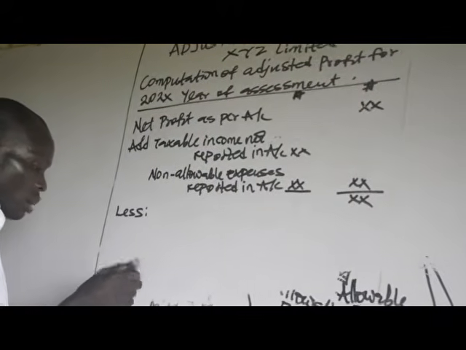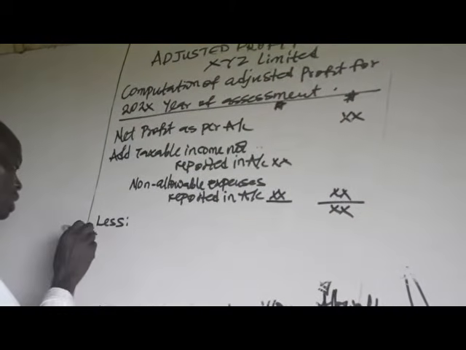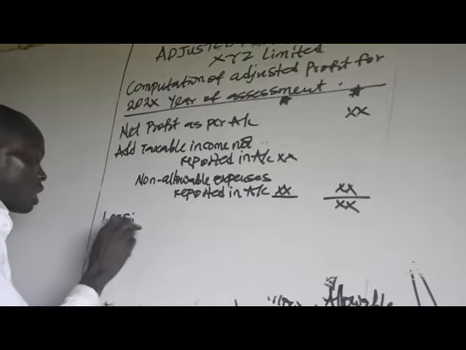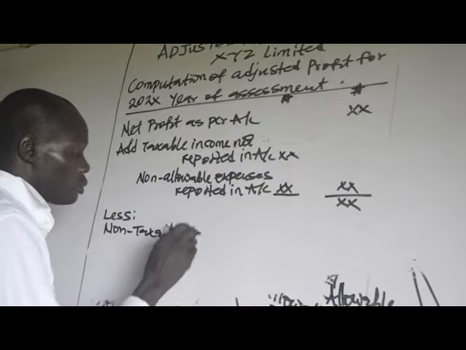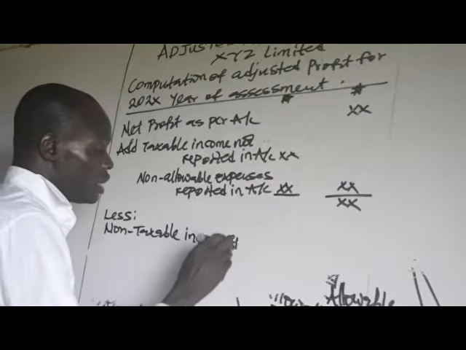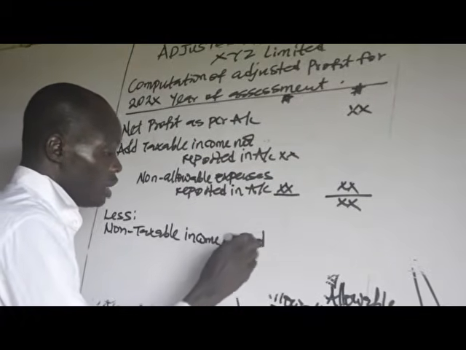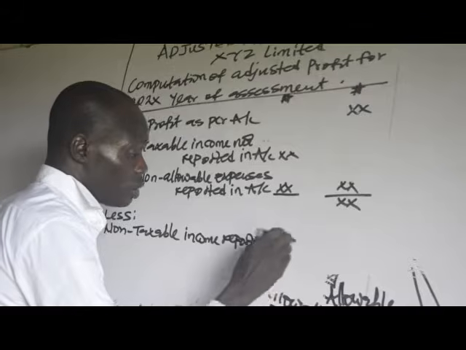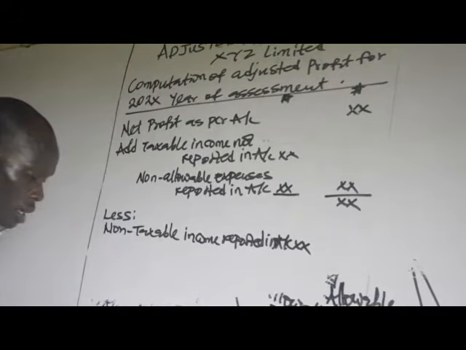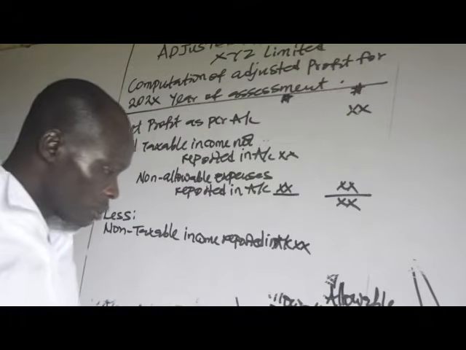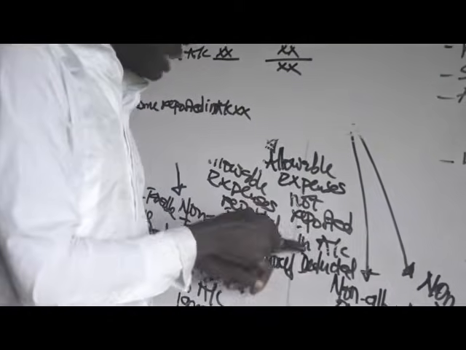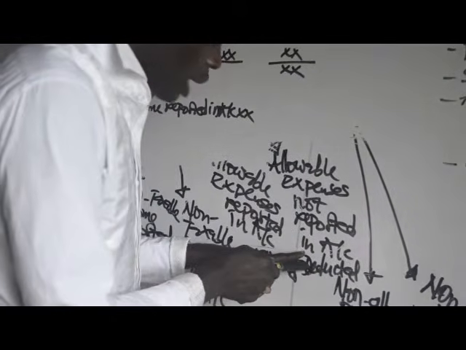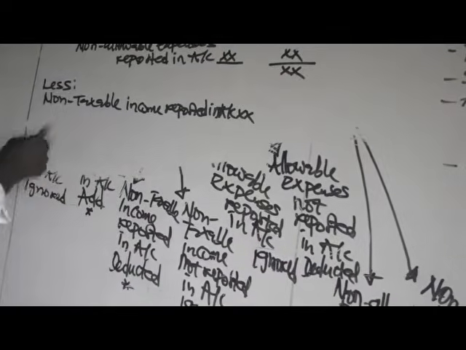Non taxable income reported in account, so we less it. We said allowable expenses not reported in account should be deducted as well.